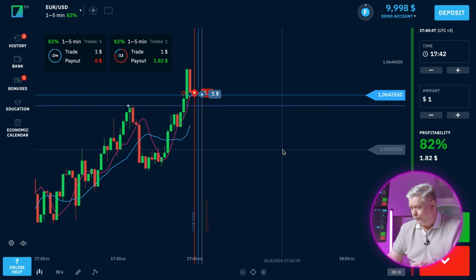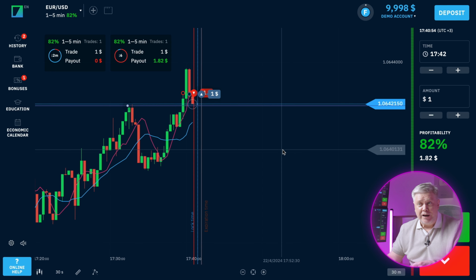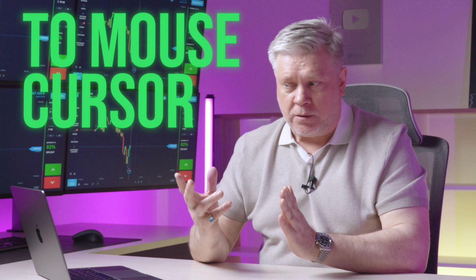Well, let's see. At this moment, I have two deals, one of which came out accidentally. By the way, I want to warn you about something to protect you from errors. Pay close attention to your mouse cursor when you're looking at something on the chart, as it may accidentally move to the area where the buy and sell buttons are located.